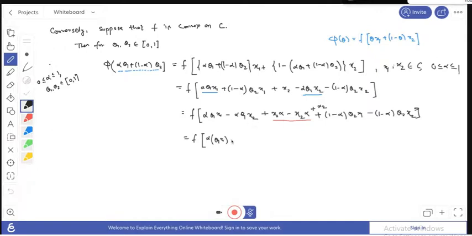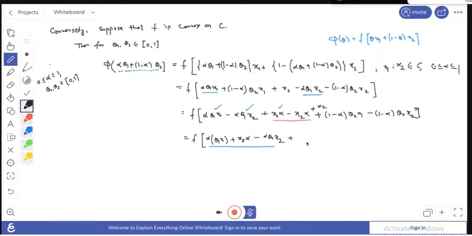We add this plus x2 alpha and minus alpha theta 1 x2. We take this term and this term together here, the blue line.